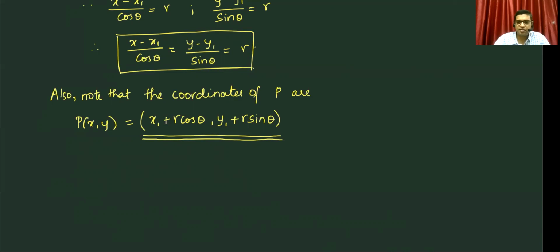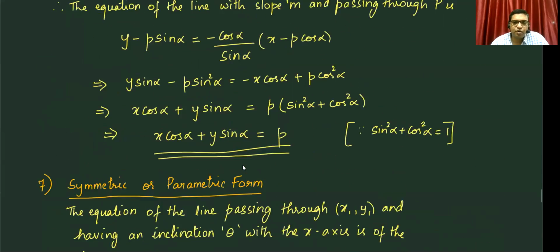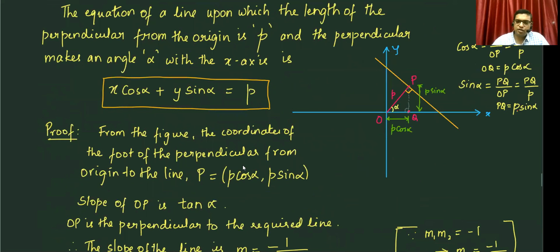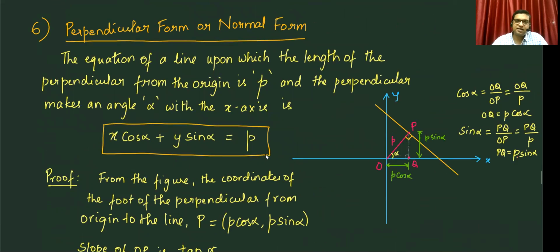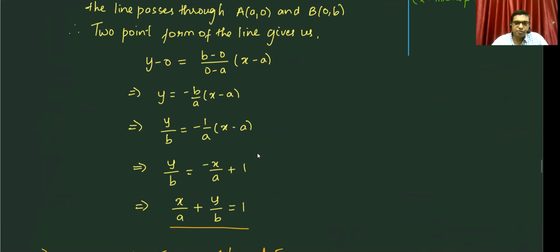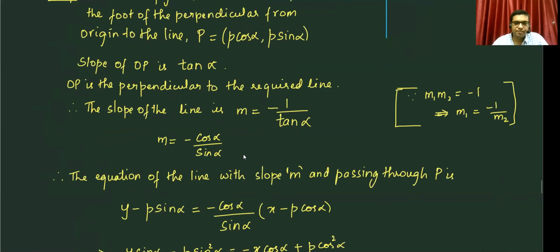So Sunday, spend some time going through all these forms. You don't have to write the proof, but somewhere in your notebook, write these forms and understand each of the parameters. Once we know the concept, apply it to problems, and you will remember both the concept and the formula.